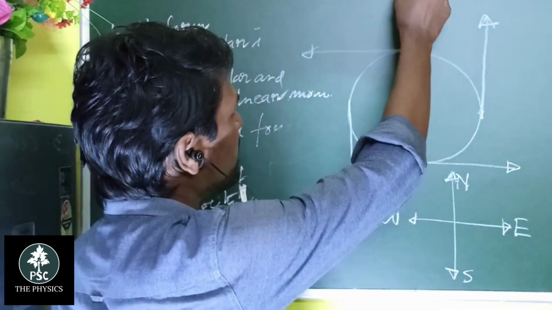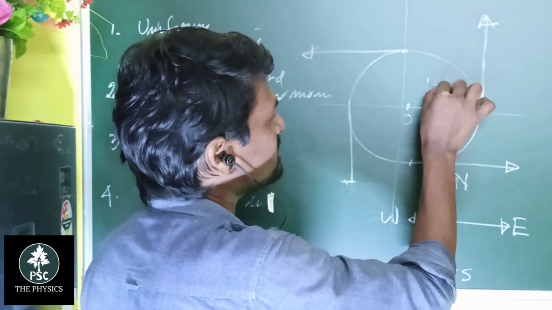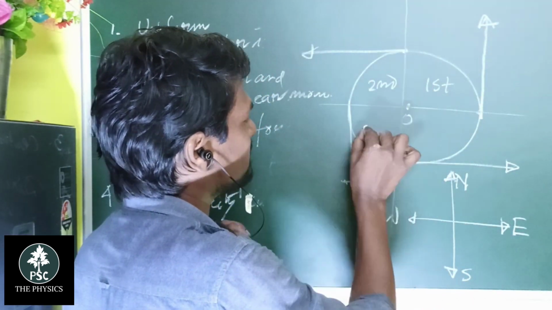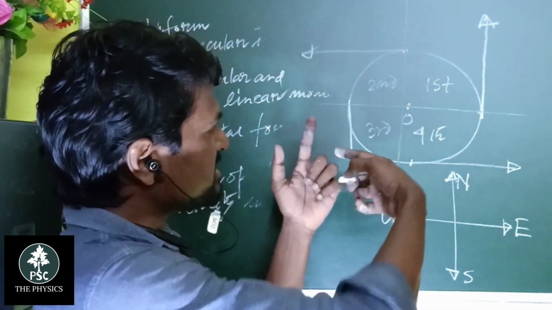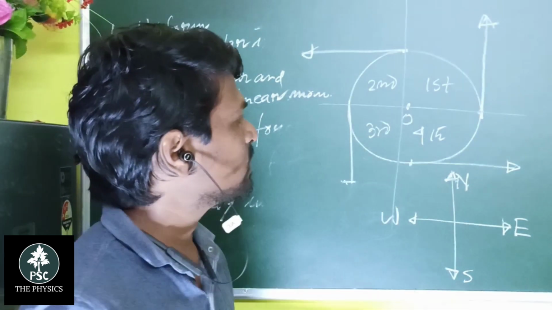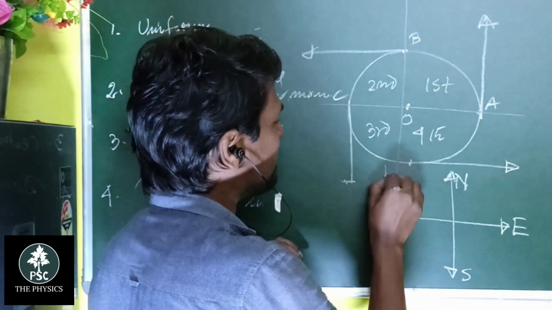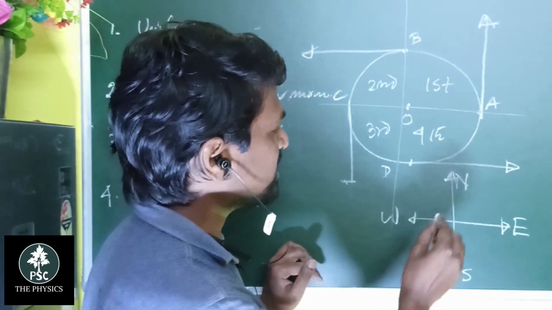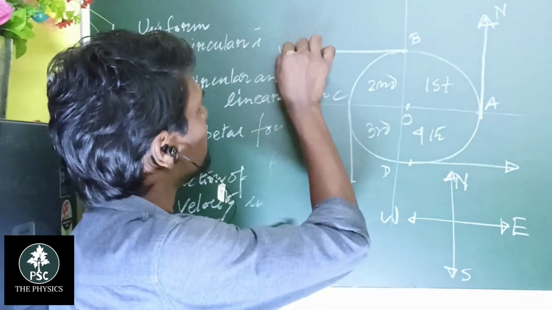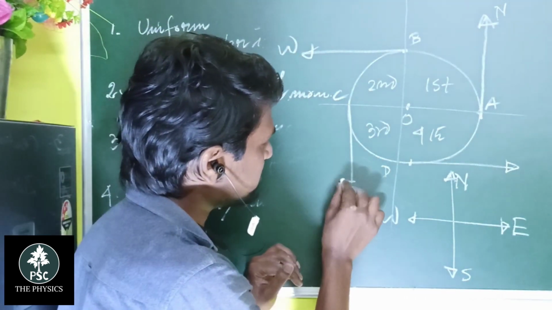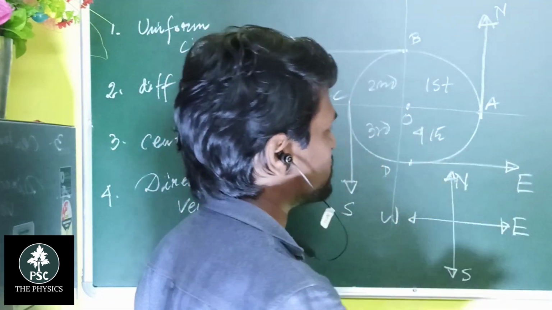So students, if we divide this circle into quadrants, this is the first quadrant, this is the second, this is the third one, and this is the fourth one. At the positions A, B, C, and D: at position A the direction is along north, at position B it is along west, then along south, and then east.